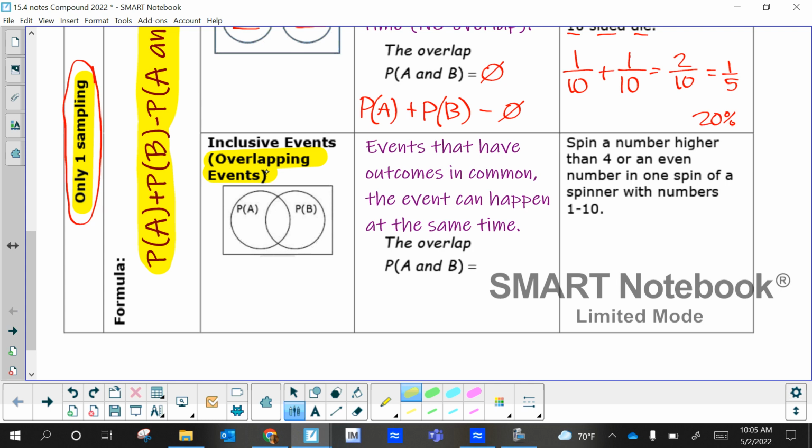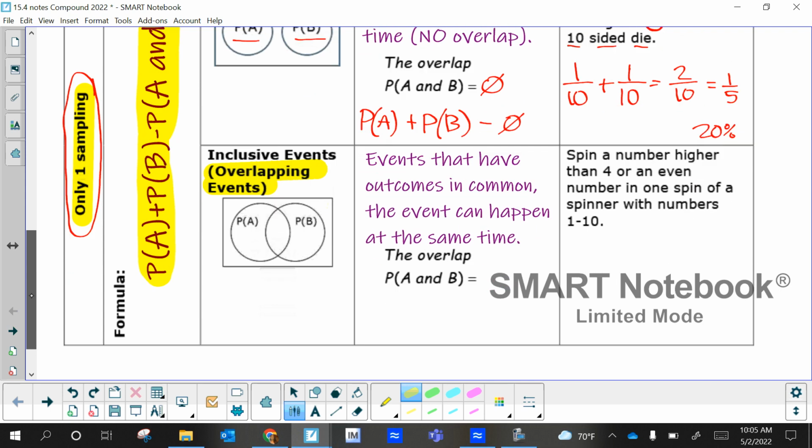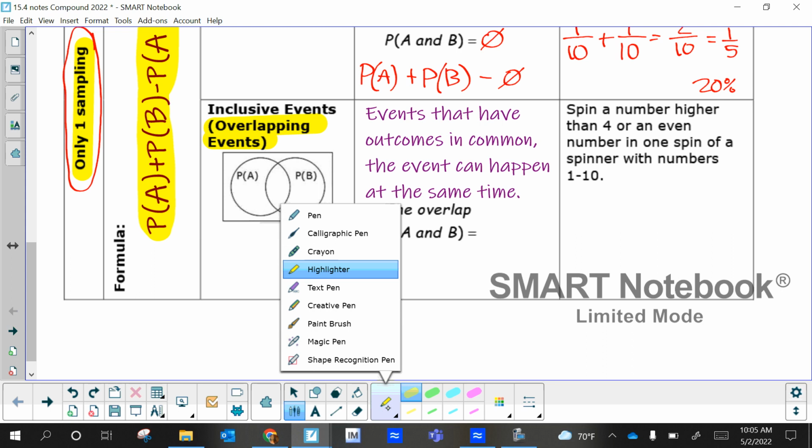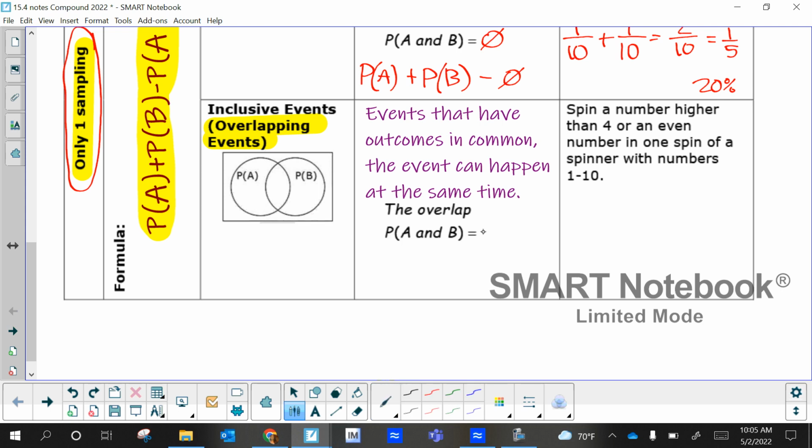So those are two different ways to say the same thing. Okay, so we're going to use that full formula right there. So the overlap is basically going to be some number, okay? That's going to be how many are in common. So if you want to write that down, how many are in common?